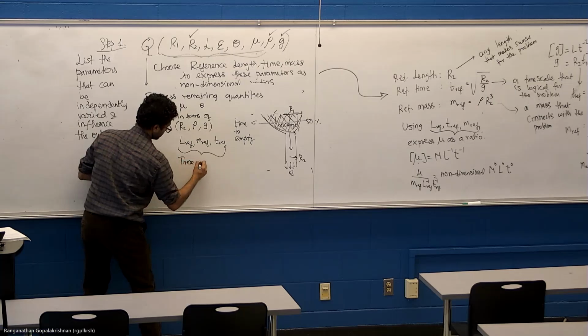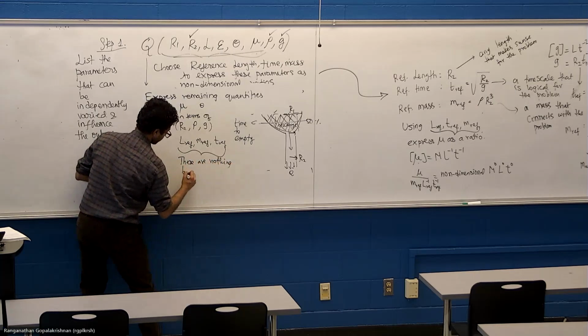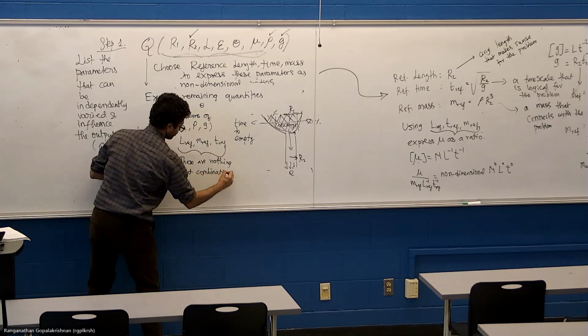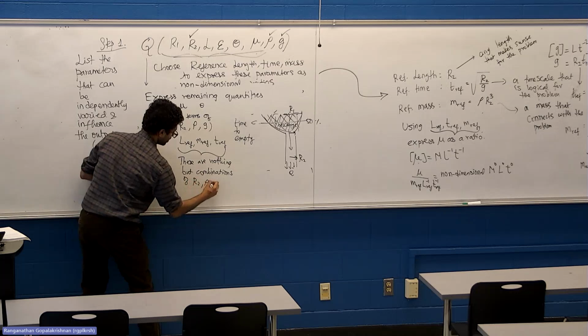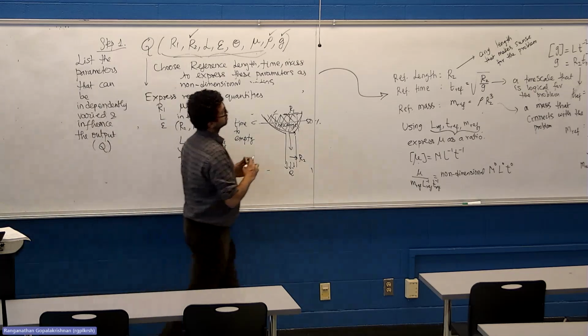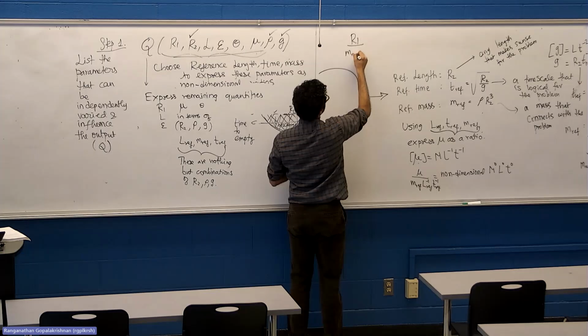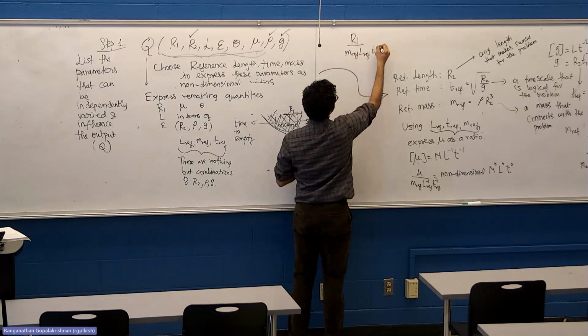These are nothing but combinations of R2, rho, and G. How to express R1 in terms of M ref, L ref, and T ref?